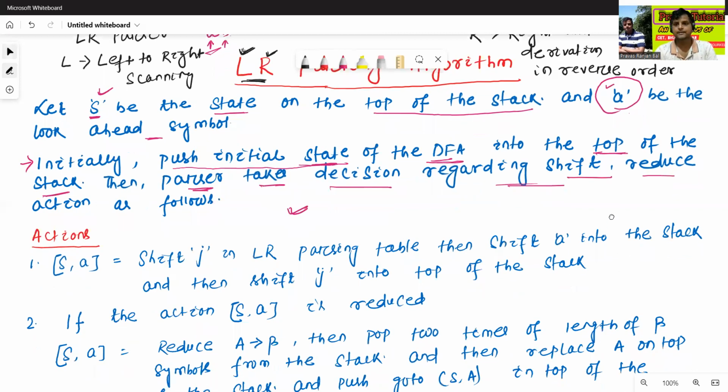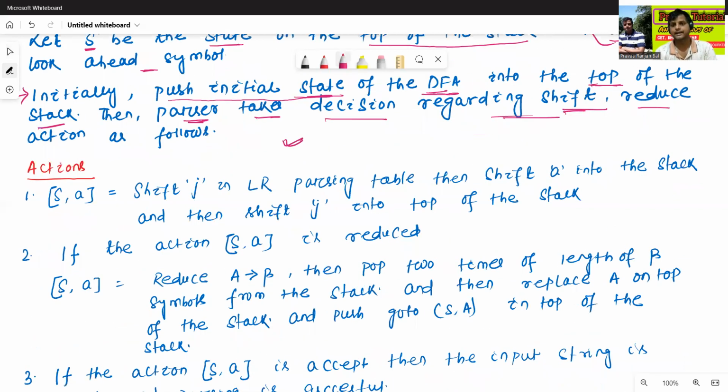Then what is the meaning of shift action? The parser will take the decision regarding shift and reduce action as follows. The first action is shift J, for example shift 3 or shift 4.